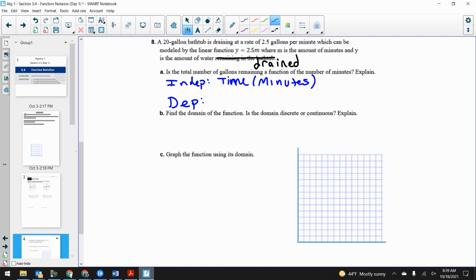But it's time. All right, so what is my dependent variable? This is what we had to change. This is what we had to shift a little bit. My dependent variable. How much water is drained? Good. How much water is drained out of the tub? Amount of water drained.